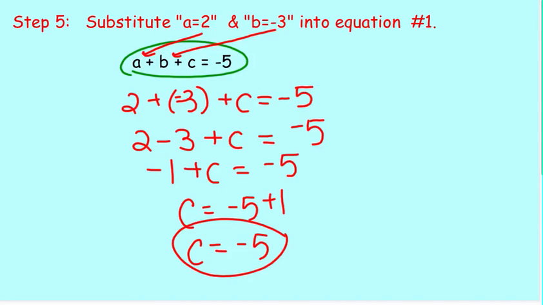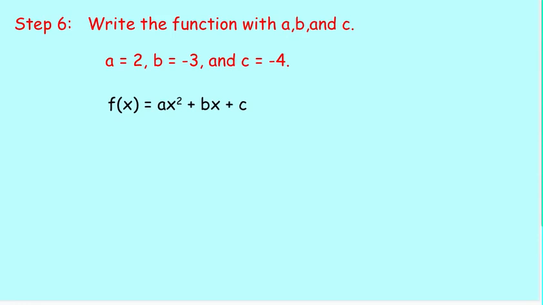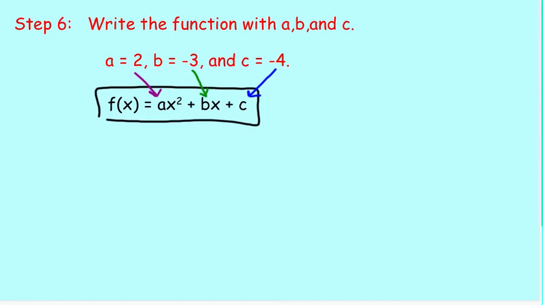So here's our final step. We're going to write the equation. So here's our general equation for a quadratic. We're going to take the 2 and replace it for a. We're going to take the negative 3 and replace it for b. We're going to take the c and replace it with the negative 5. So here's what our function will look like.